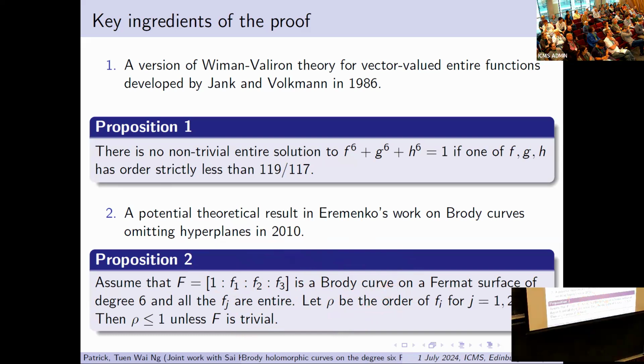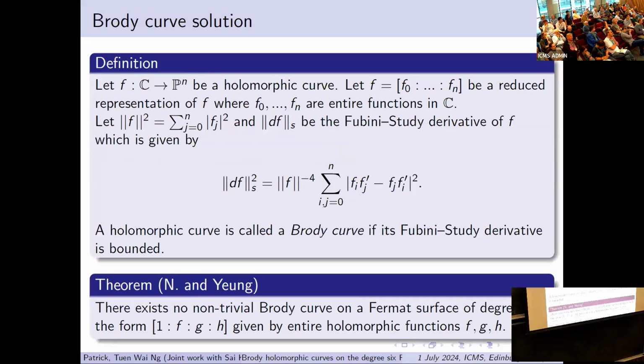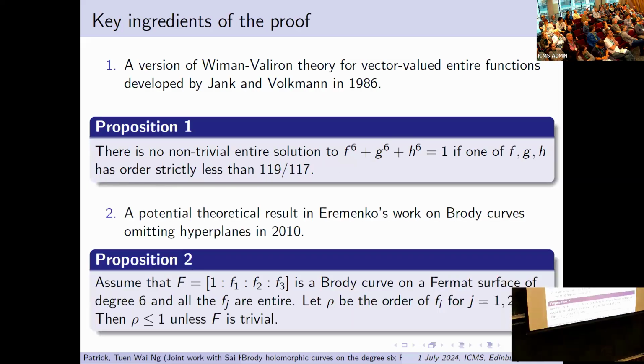And then we combine these two statements, so you will be able to deduce this result here: there's no non-trivial Brody curve on the Fermat surface of degree 6. So that's the strategy of proving the main theorem. I'm going to explain each of these parts to you.